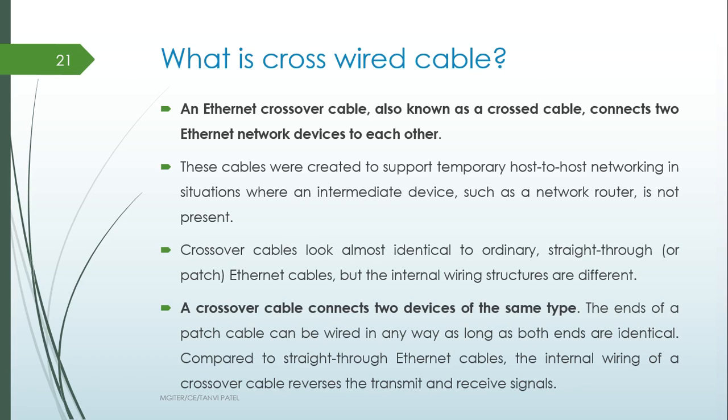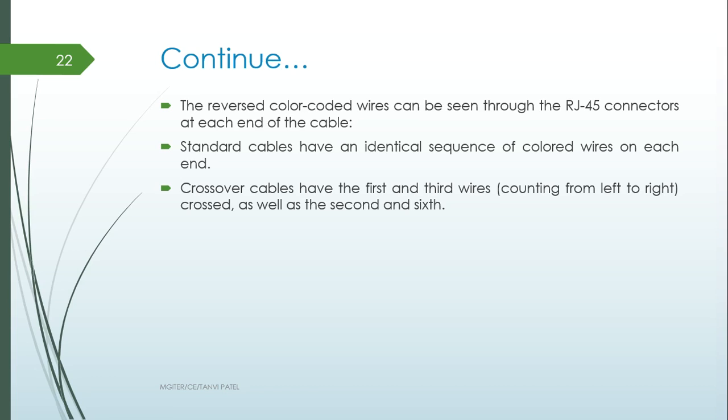A crossover cable connects two devices of the same type. The end of a patch cable can be wired in any way as long as both ends are identical. Compared to a straight-through Ethernet cable, the internal wiring of a crossover cable reverses the transmit and receive of the signal.